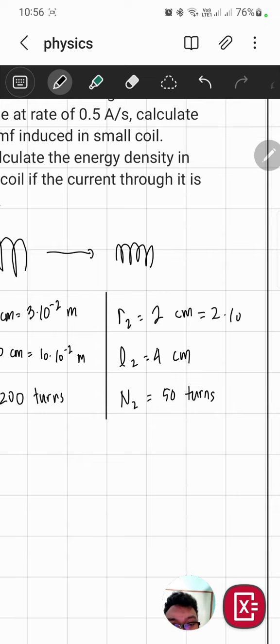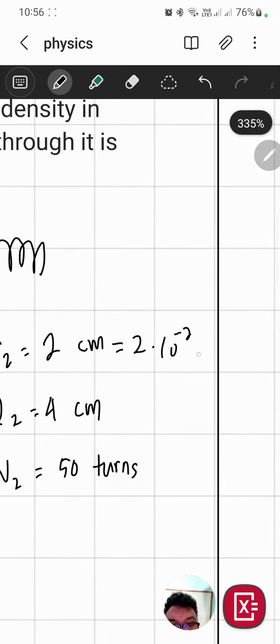This is 2 times 10 to the minus 2 meter, and 4 times 10 to the minus 2 meter.